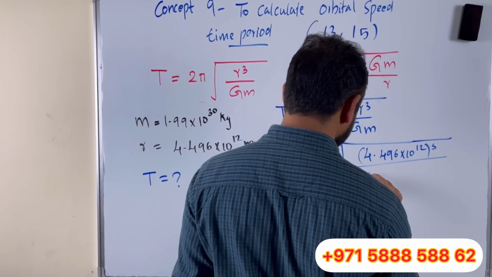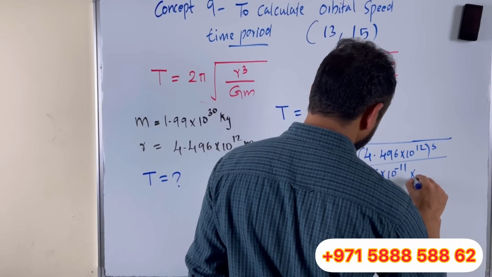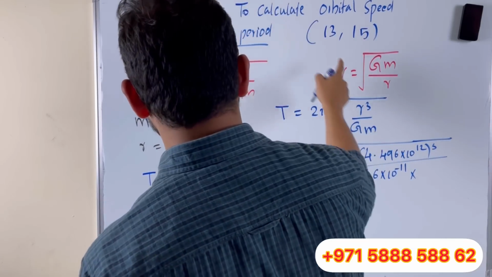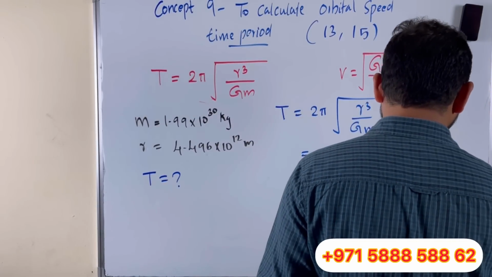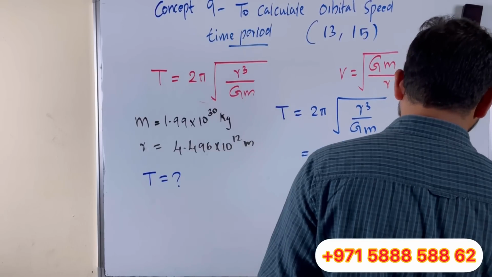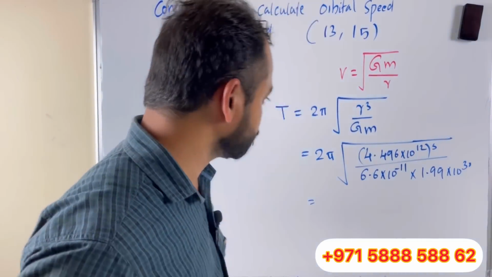The value of G is 6.67 times 10 to the power negative 11, times M. Here M is the mass of the Sun, which is 1.99 times 10 to the power 30.